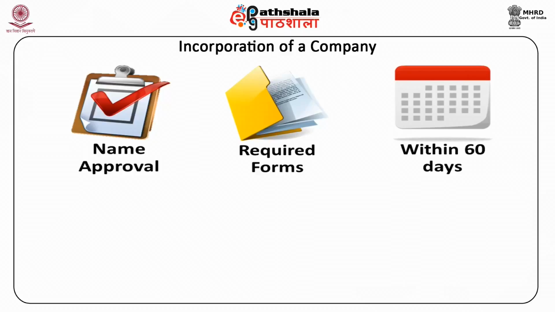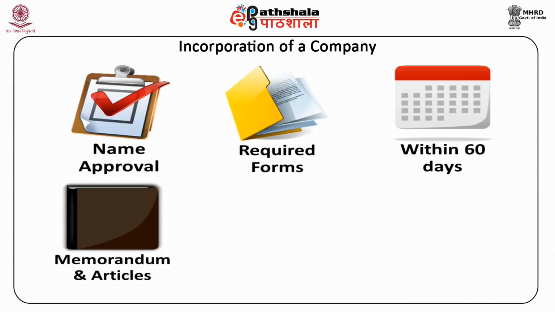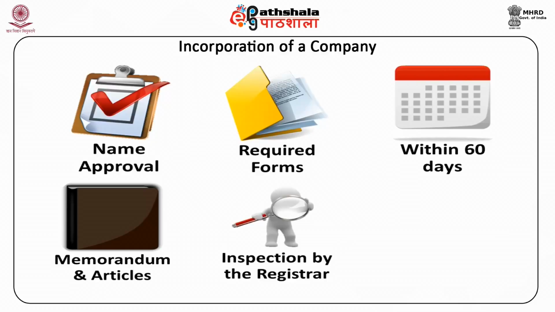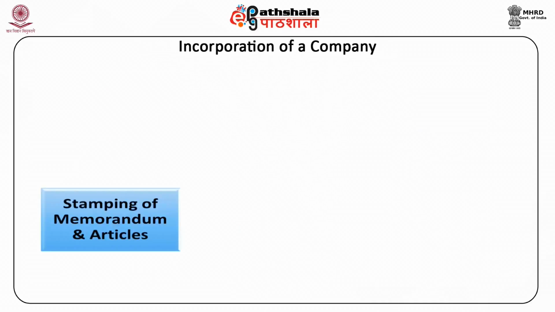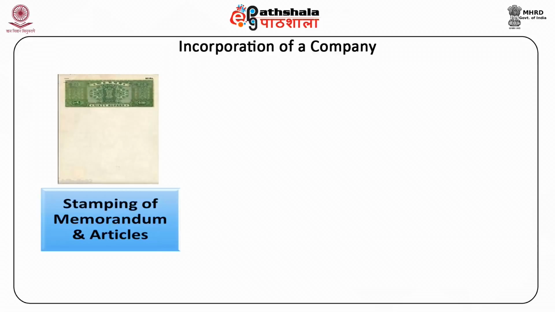Arrange for the drafting of the Memorandum of Association and Articles of Association by the solicitors, vetting of the same by ROC and printing of the same. Arrange for stamping of the Memorandum and Articles of Association with the appropriate stamp duty.